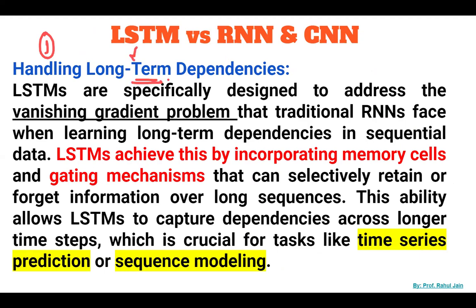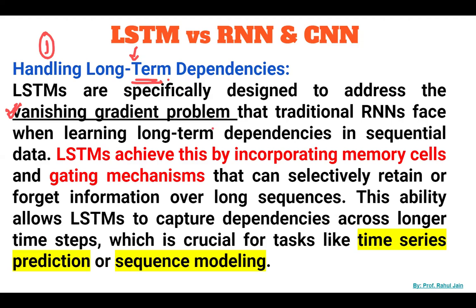So LSTM is able to handle long-term dependencies because they are specifically designed to address the vanishing gradient problem. Basically, the traditional methods like RNN face the vanishing gradient problem.